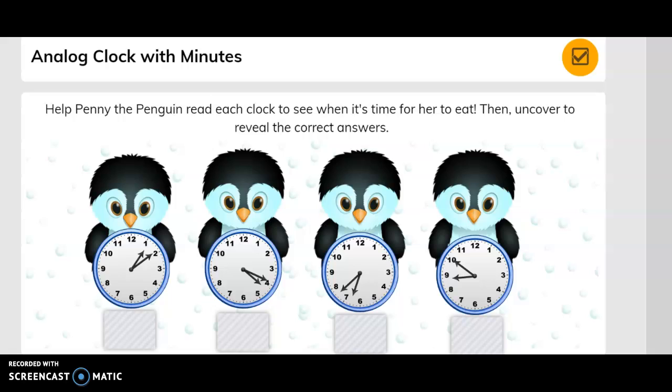Help Penny the penguin read each clock to see when it's time for her to eat, then uncover to reveal the correct answers. First clock. First clock is 1:09.